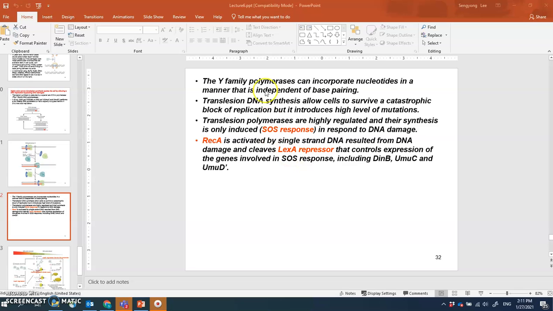So the main thing is, by introducing a bunch of mutations in the genome of an E. coli cell, what is the benefit, especially in terms of evolution? The benefit is in evolution.